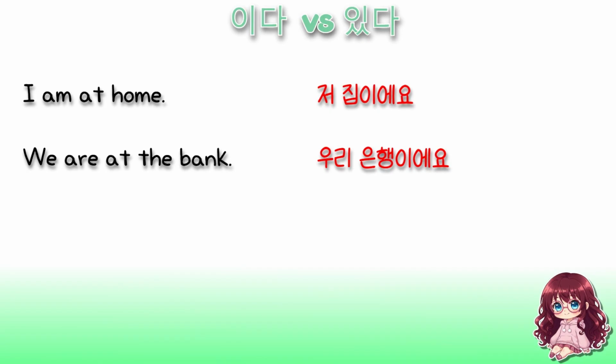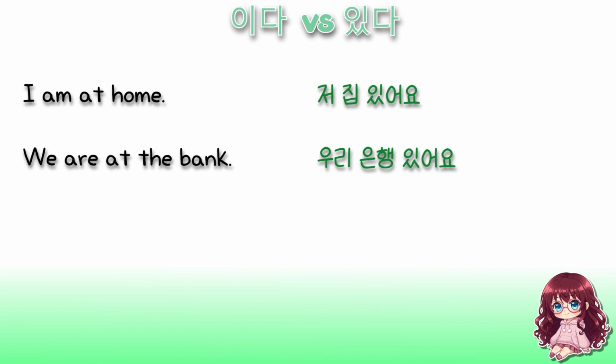However, as we discussed, ida can only be used to say you are a noun, not that you are at a location. 저 집이에요. 우리 은행이에요. Those literally mean I am a house, we are a bank. When 있다 is used, they become 저 집 있어요. 우리 은행 있어요. I am at home, we are at the bank.